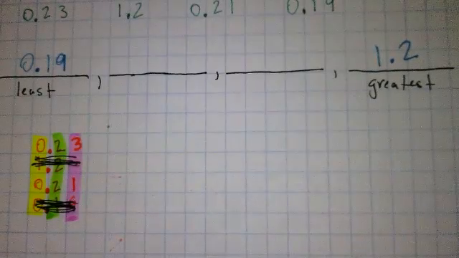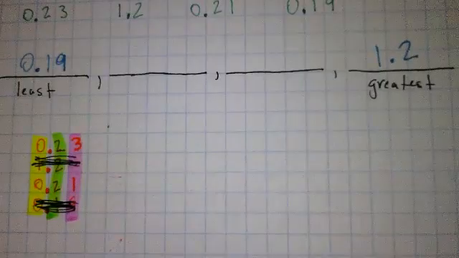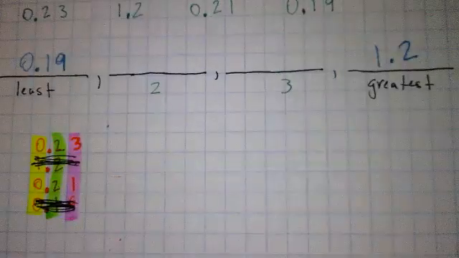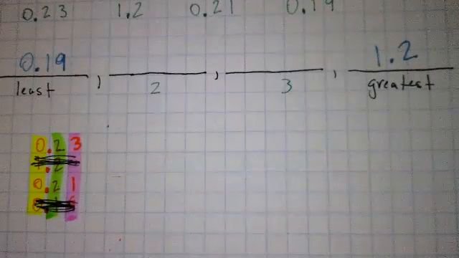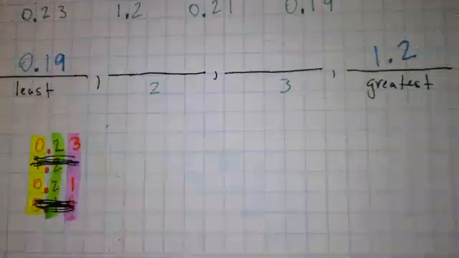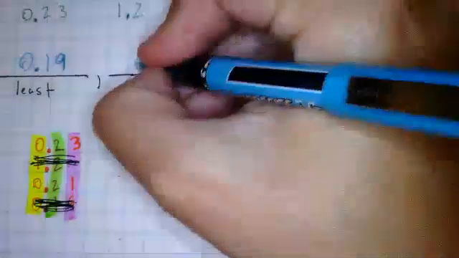All right. So we have a 3 and a 1. So knowing this, in our hundredth place value, if we have a 3 and a 1, who can tell me which number goes in this second place here? And which number is going to go in the third place here? Jackson, which one do you think is going to go here? If we have least to greatest, which one's going to go here? 0.21, right?